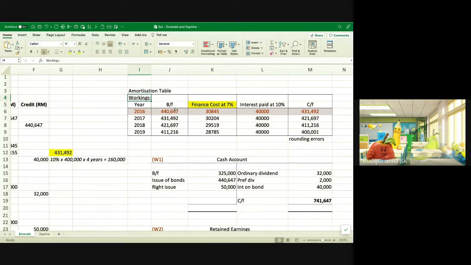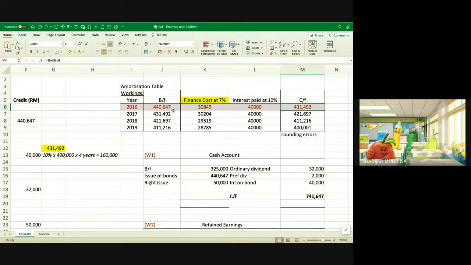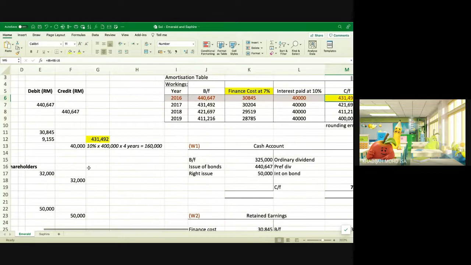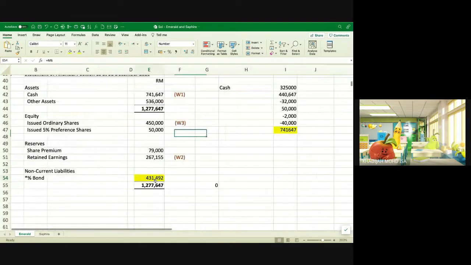You put the beginning value of your bond, when you receive the money. Then the 7% is the market rate, and the 10% is the nominal rate of the debentures. And this is the value at the end of the year. So that's how you are going to represent your bond at the end of 2016.